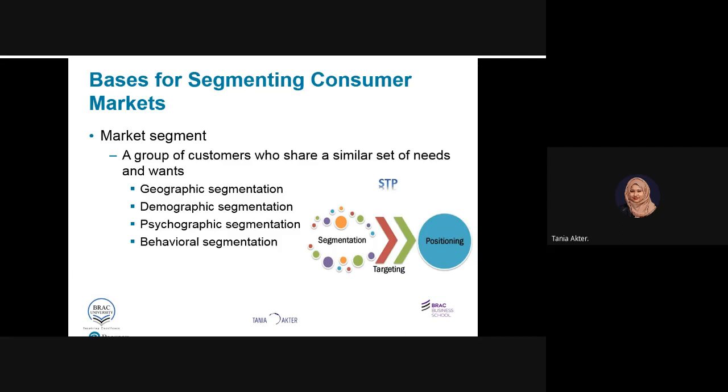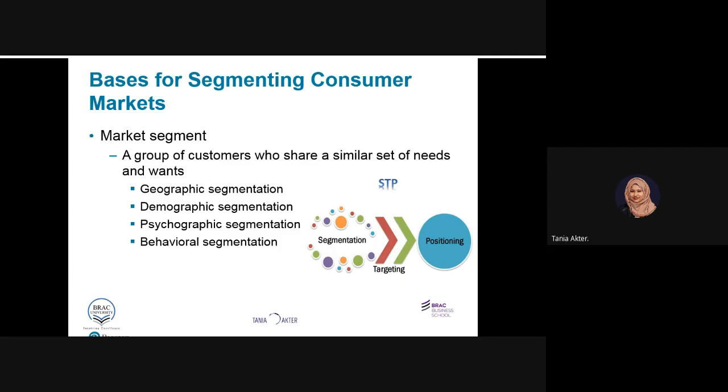You have specific credits to complete for BBA and for other departments. So this is a market segment. Or if somebody else is a user of a certain brand, they would be performing in a similar way. So a market segment is a group of people who share a similar set of needs and wants.